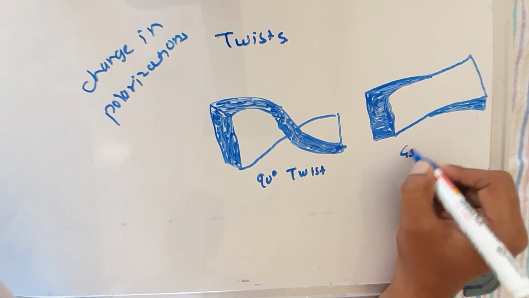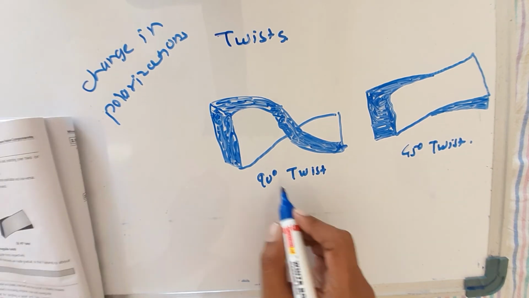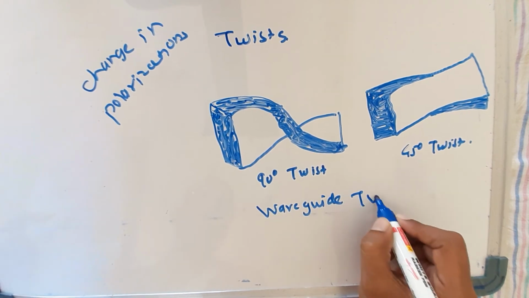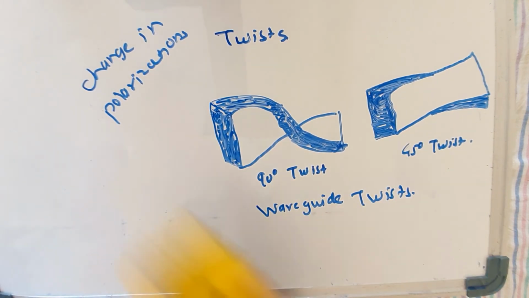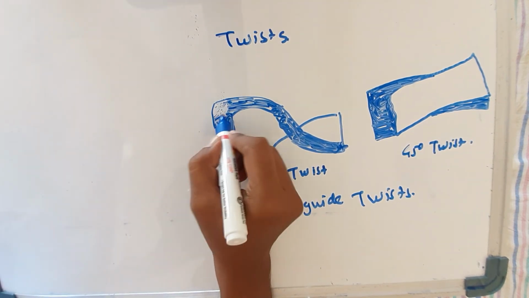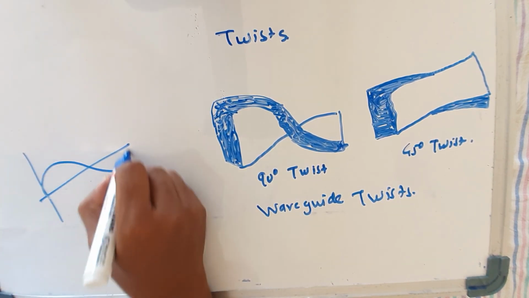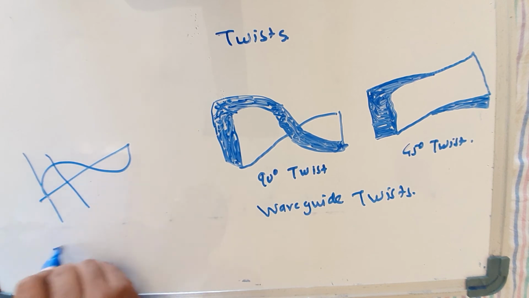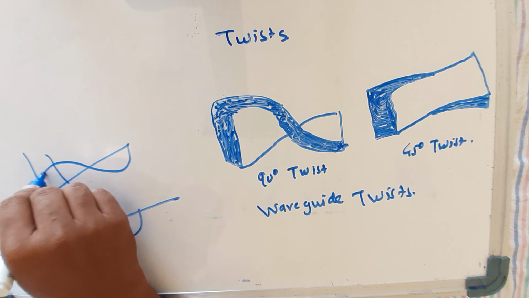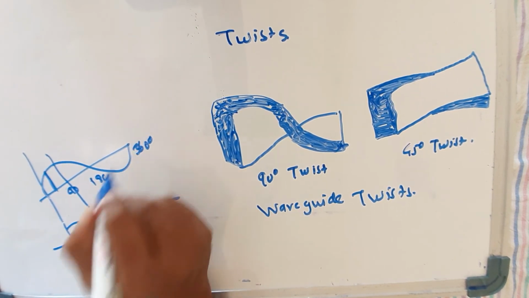So this is a 45-degree twist. So waveguide twist. The wave will be transmitted like this. So 90 degrees means here, the output wave will come like this. 45 again from this one. See here 90, 180, 360 like this.